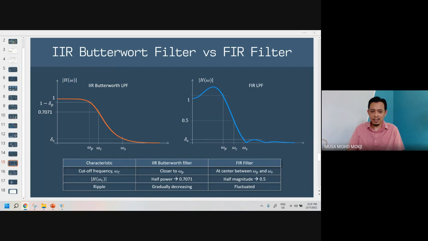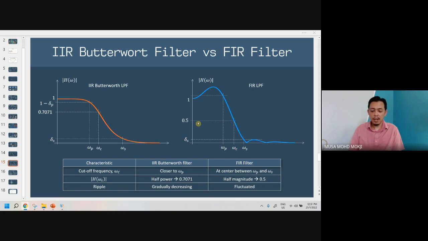A very basic thing when we are designing a filter. What was the question again? Listen carefully. For FIR, we are fixing the cutoff frequency at magnitude 0.5. It's quite logical, because the cutoff frequency should be at the center, between omega p and omega s. And where should the center be?